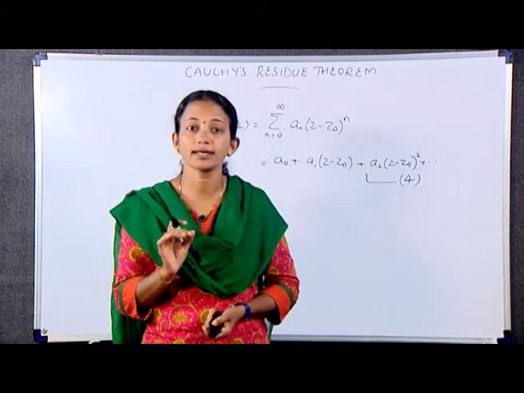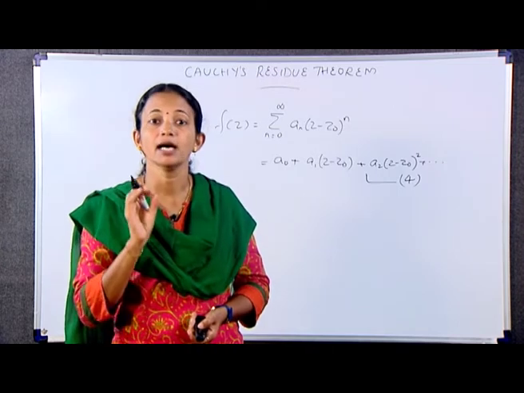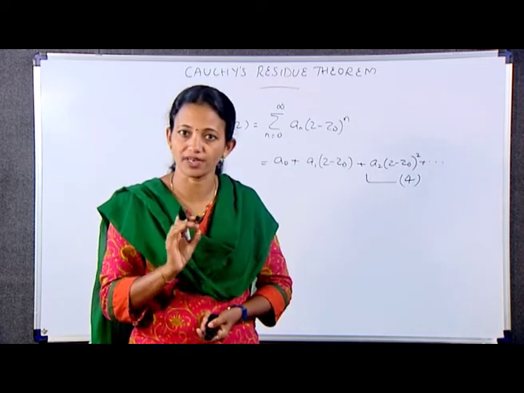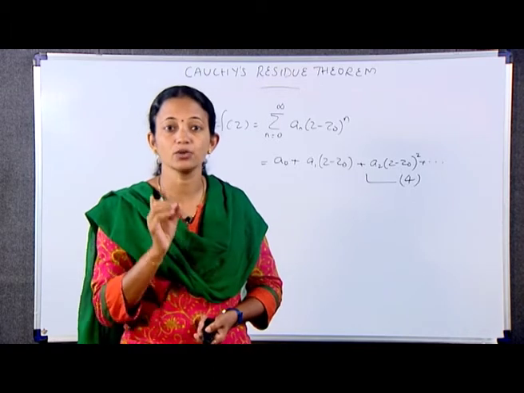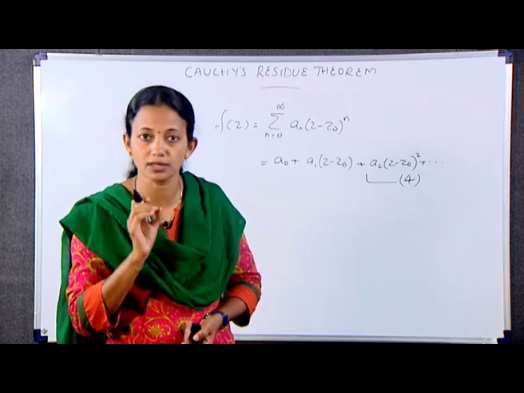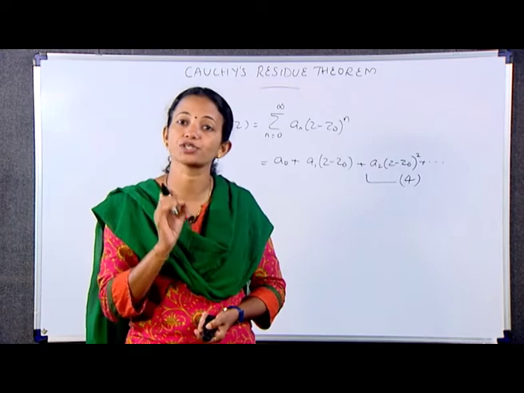And the point z0 is known as the removable singular point of f(z). Then the residue at z equal to z0 of f(z) is 0, being the coefficient of 1 by (z minus z0).